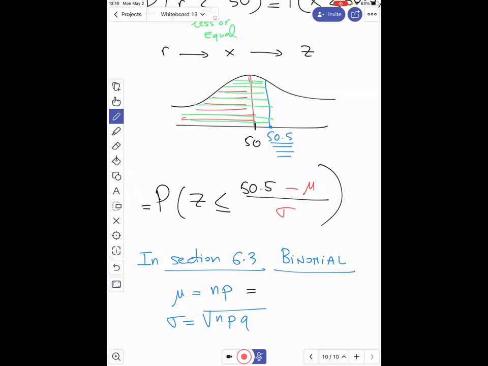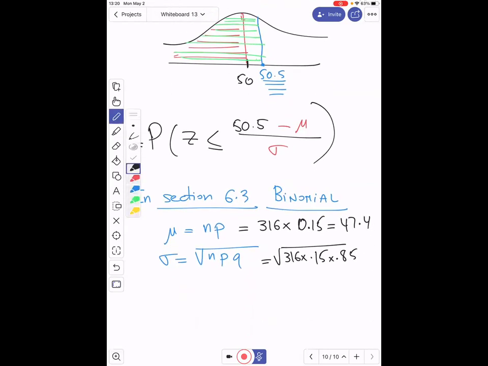So like here in this problem, we have 316 books, so n is 316 times p, that's 15%, or 0.15. So mu here would be equal to 47.4, I think. And here it's the square root of 316 times 0.15 times q, which is 0.85. Which I think sigma would be 6.34.